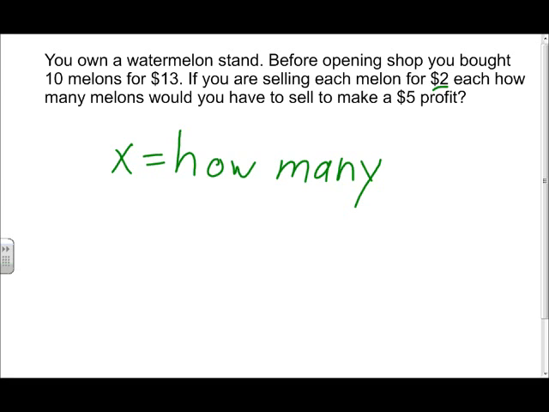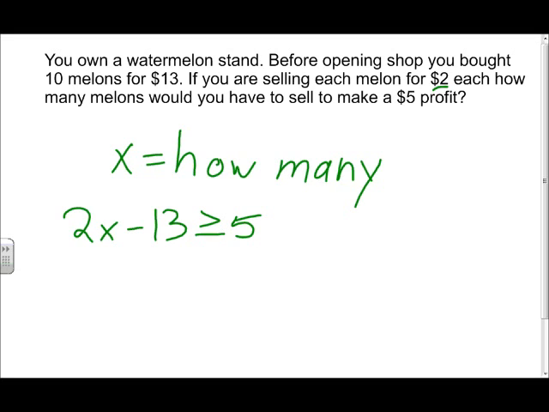So when you're writing this, it's 2x, and then it's actually 2 times x, so keep that in mind. And then since you already paid $13, minus 13, and you want to make a $5 profit, so it has to be greater than or equal to 5.